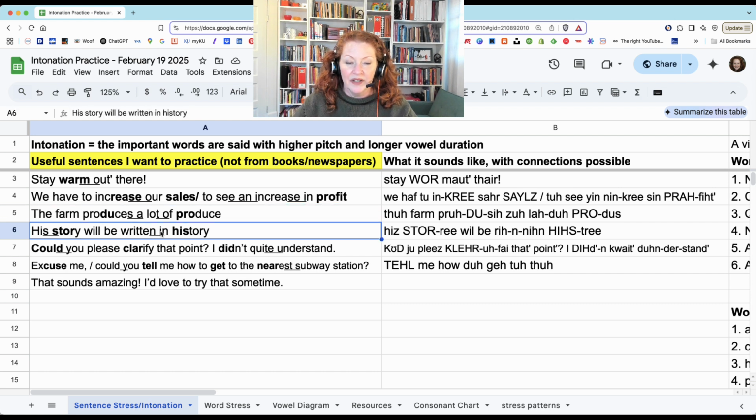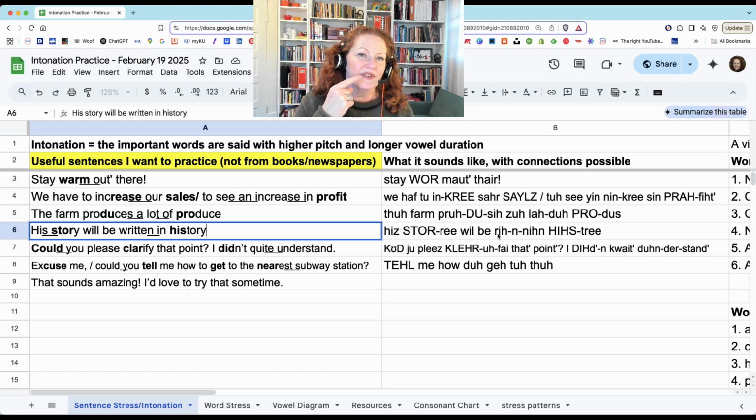His story will be written in history. His story sounds like "story," but in the word history, it looks like the same STORY, but it doesn't sound like that. We get rid of this O and we make it two syllables, history. So his story will be written in history. And "written in," this is a syllabic T, written.